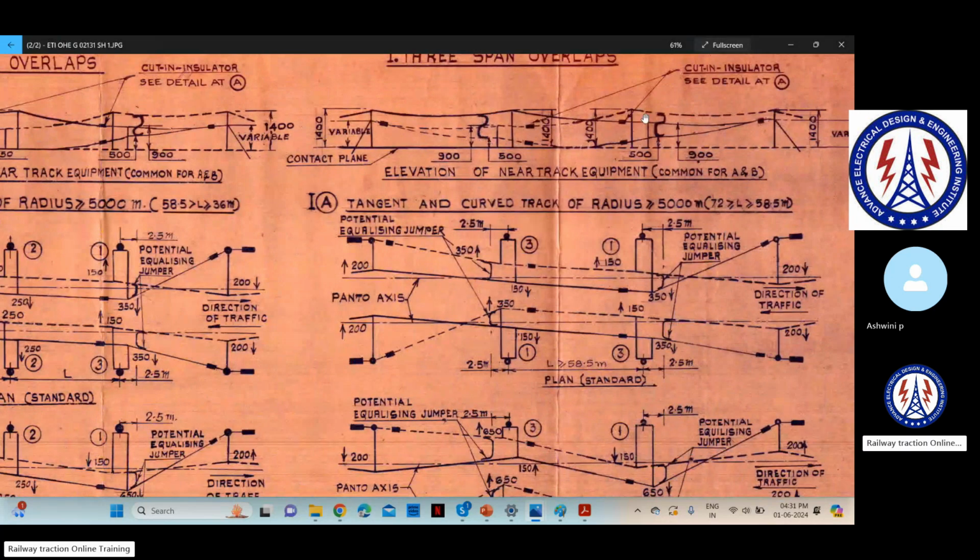Potential equalization. Okay. Why is it S shape? Because it's holding the catenary contact wire of the in-running wire and the catenary contact wire of the outrun wire. So it will be holding in this way. Why is it being held?